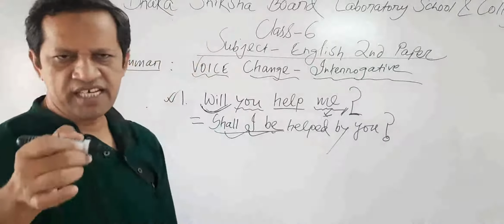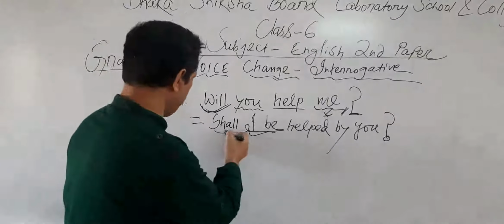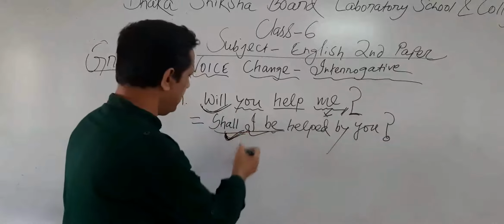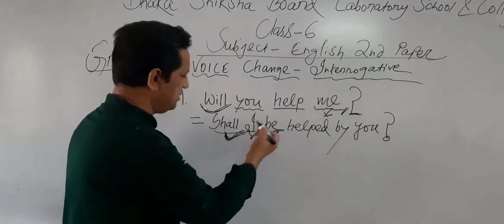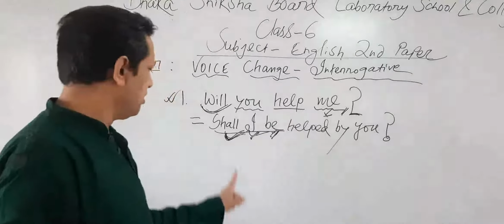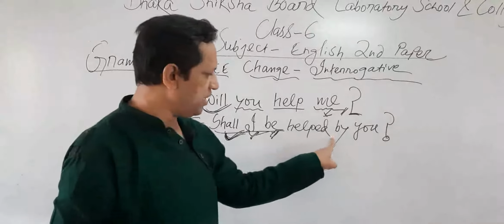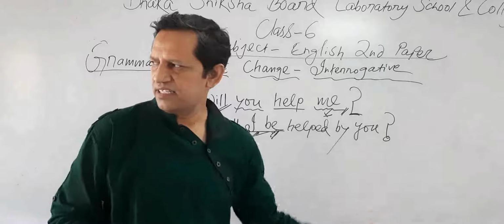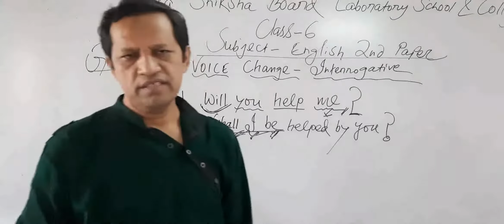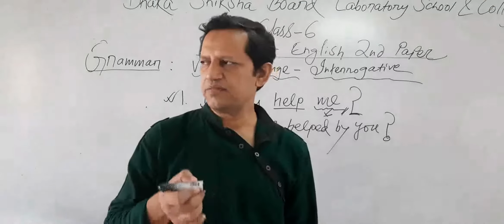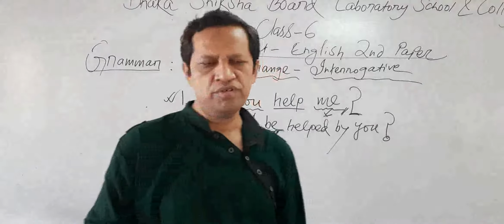As it is an interrogative sentence, we have to start with helping verb shall, and be will be used after the subject, and it will be: Shall I be helped by you. I think this is not so difficult if you have practiced voice change of assertive sentences. I think it will be easy for you.